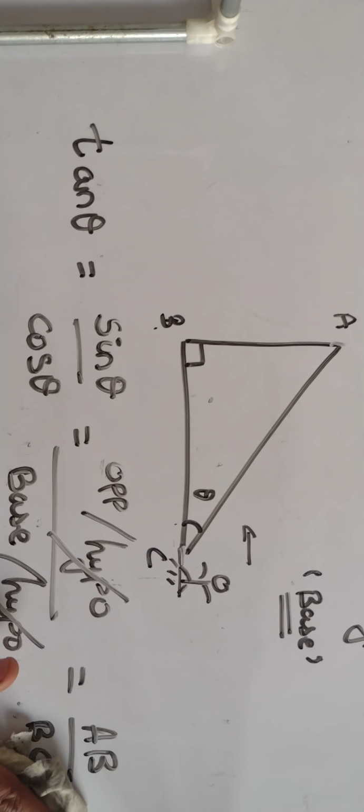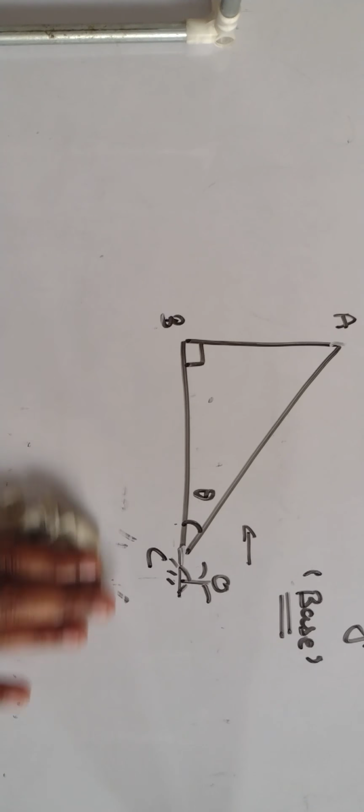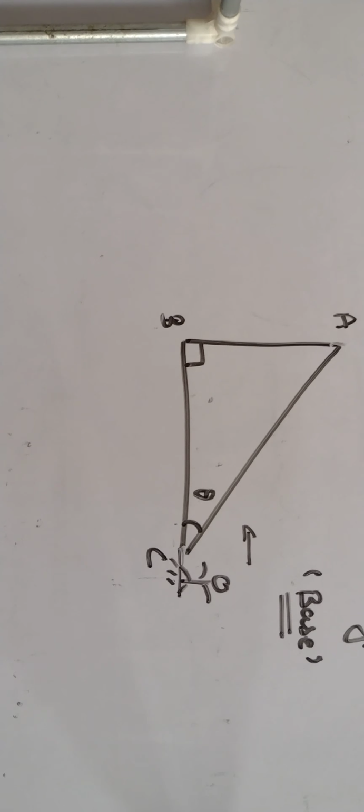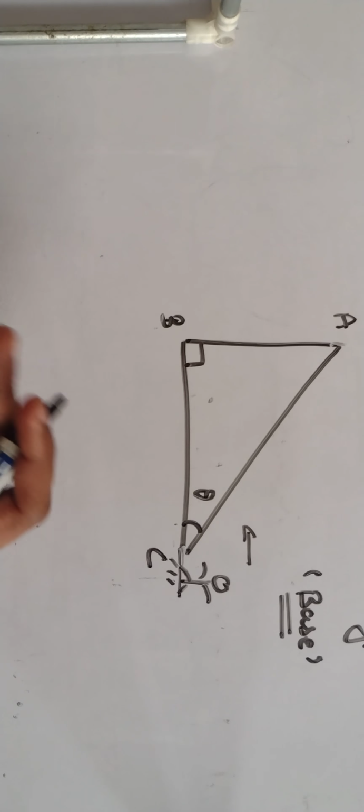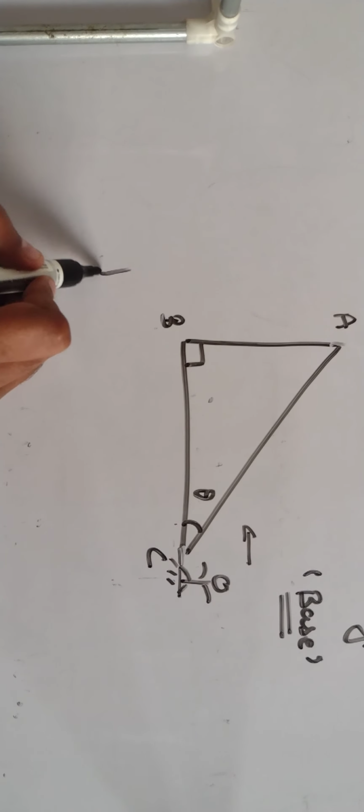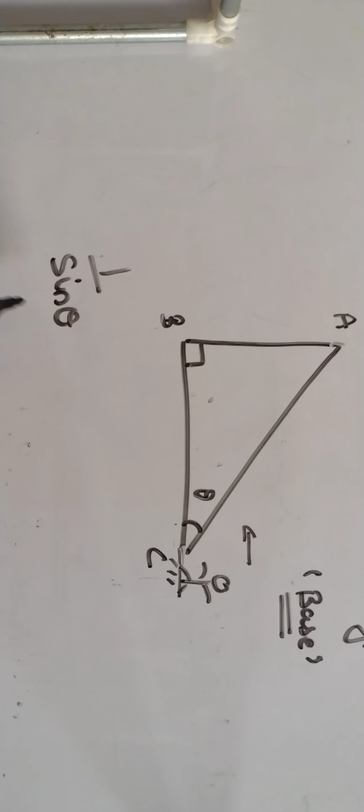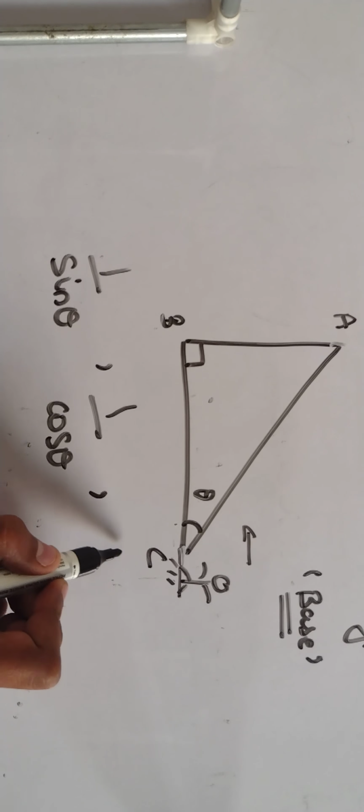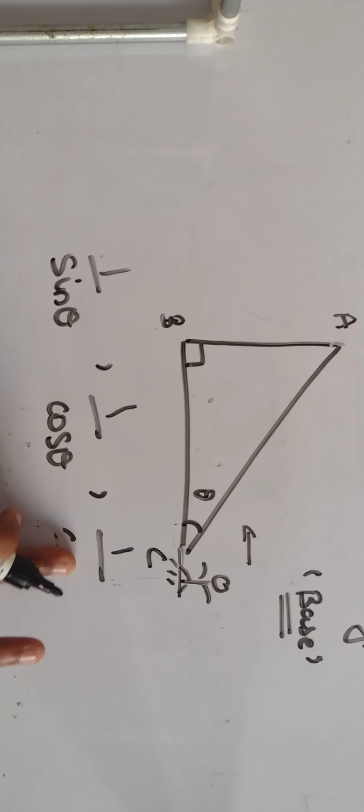The remaining three ratios, guys, are also known as reciprocal ratios. I am not showing that because it's very simple. We need to take the reciprocal of the ratio. 1 upon sin theta will become a new ratio. 1 upon cos theta will become a new ratio. 1 upon tan theta will become another ratio.